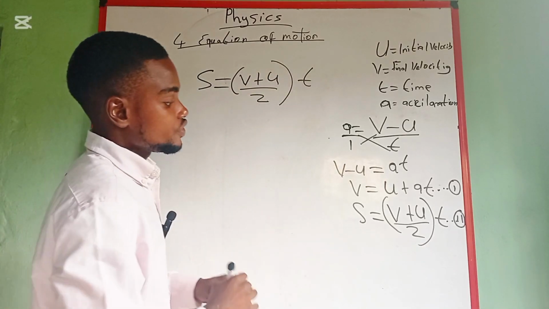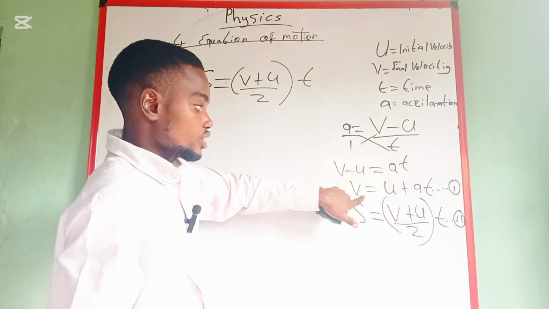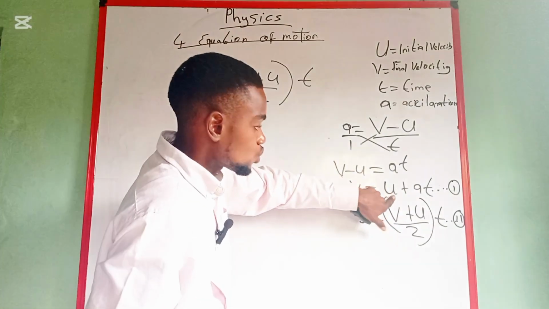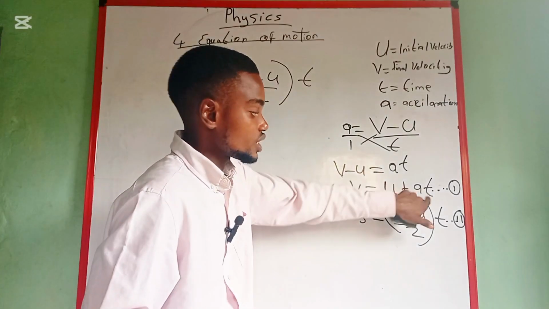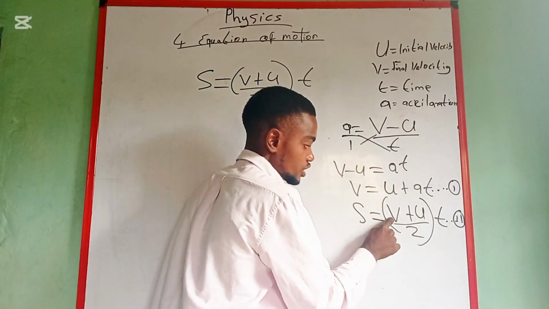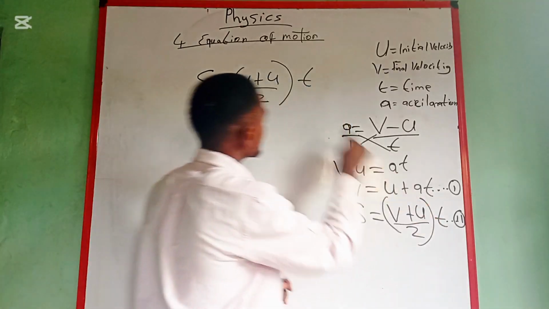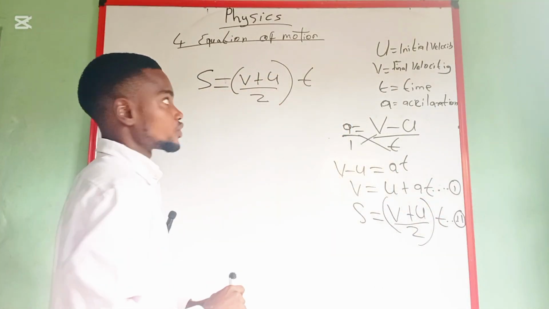But then we know that this v from the first equation is equal to what? u plus at. So I'm going to substitute this v to be u plus at in this expression.